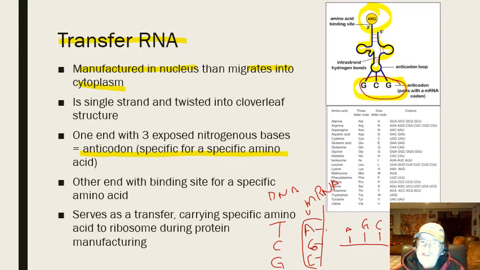What would attract an adenine? Uracil. What would attract a guanine? Cytosine. What would attract a cytosine? A guanine. So at the bottom you'd have this anticodon with a uracil, cytosine, guanine. That would match, and on the top of that would be the appropriate amino acid for this particular code.